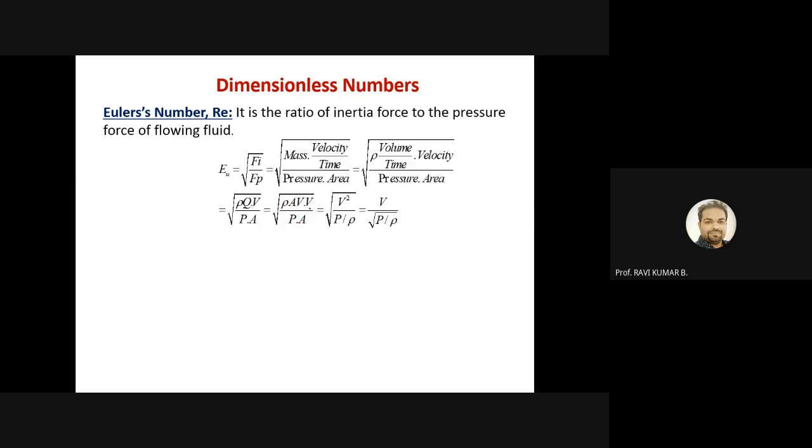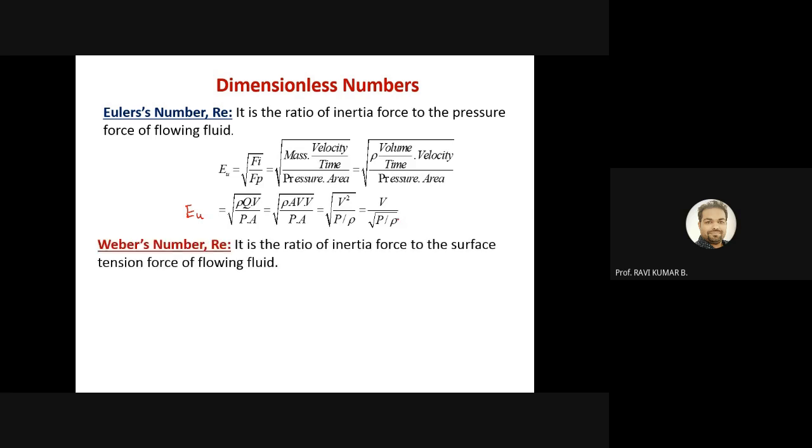Further, you can modify this, area cancels out, and take this rho inside this, P by rho into v square, which can further be written as v divided by under root P by rho, and this is known as Euler's number. So Euler's number is given by v divided by under root P by rho.